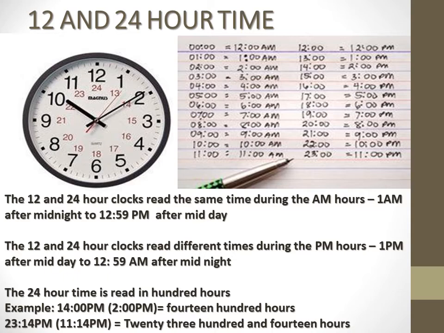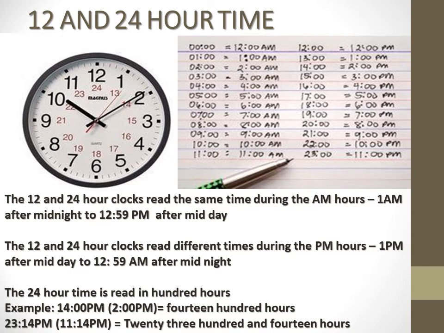14:00 in the afternoon is already 2 hours after midday. So that's 2 p.m., right? Okay, how do you say the time if the time was written in 24 hours, just like I wrote 14:00? We would say the time is 1400 hours.